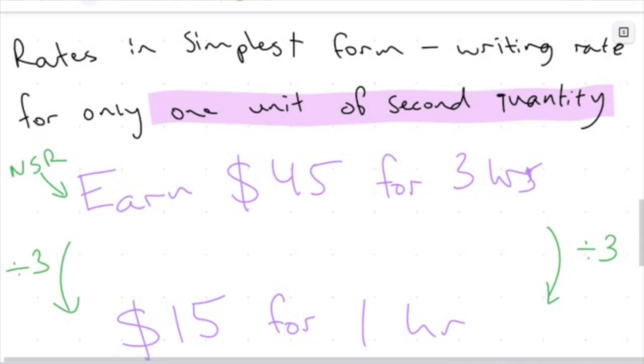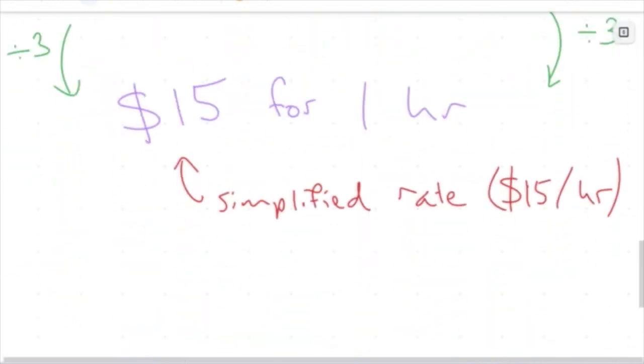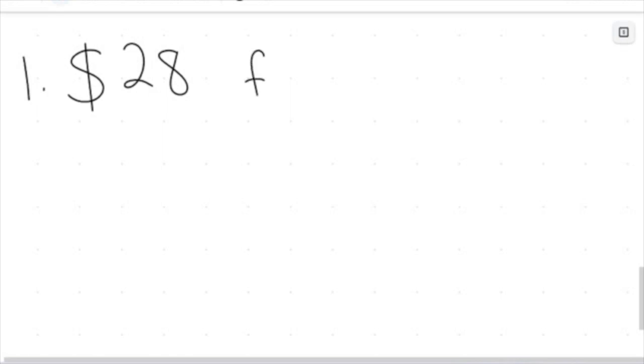Now let's look at a couple more examples. Now, let's try here. Question 1. So we want to write a simplified rate for $28 for 4 kilograms.